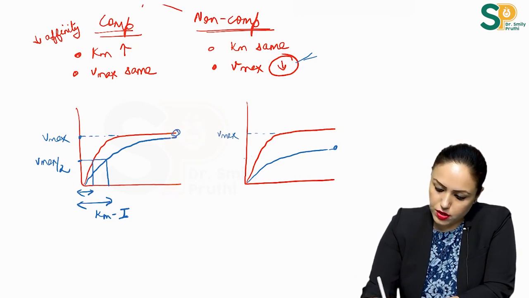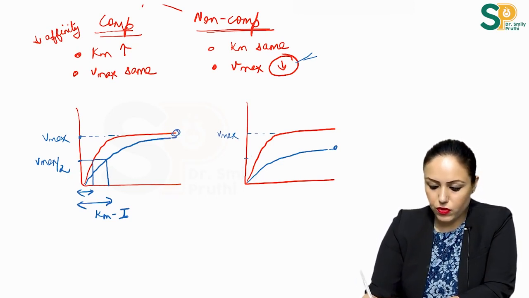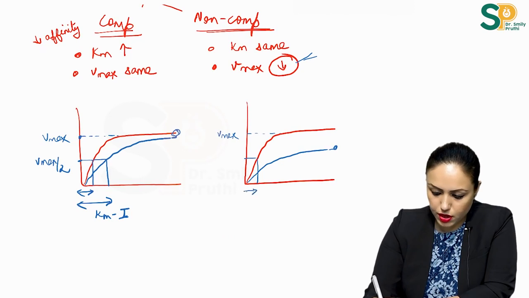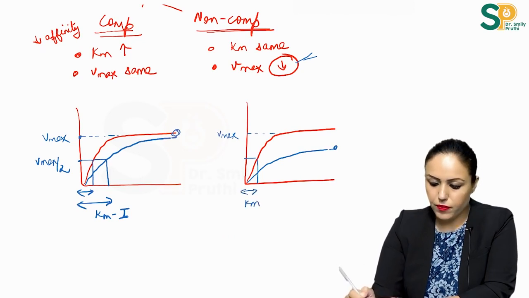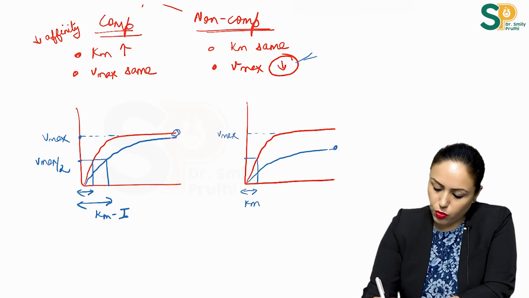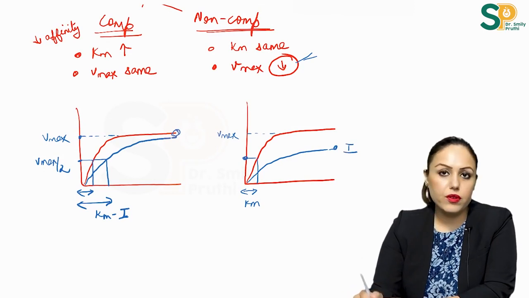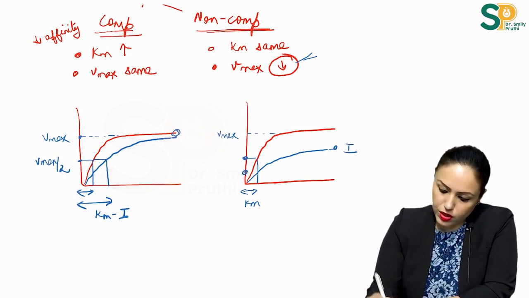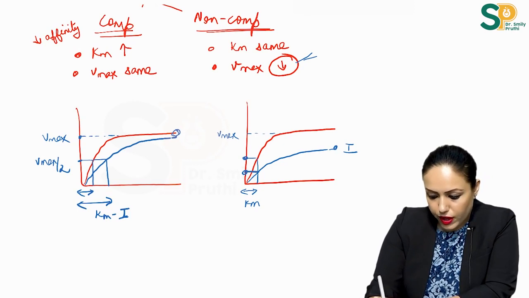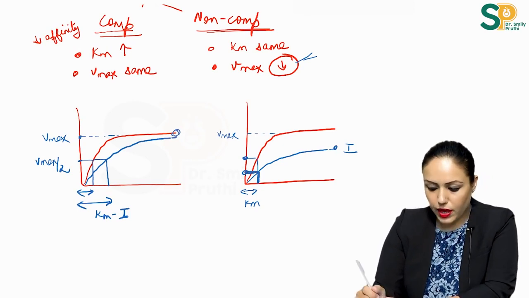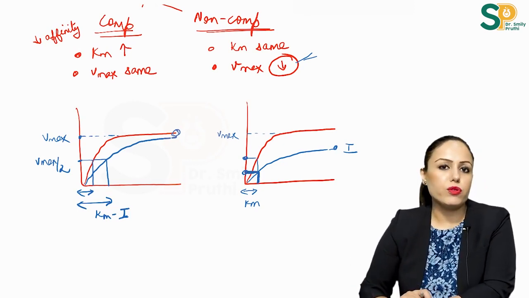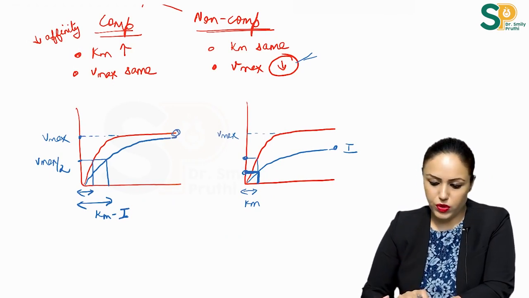And this point is half of Vmax for this graph, and this point is Km, right? Now the same point is also Vmax for our inhibitor graph, right? So Vmax by 2 will come somewhere here. So if I extrapolate this point on the x-axis, then this same value is Km. So you can see Km is same. Okay, Km is same.